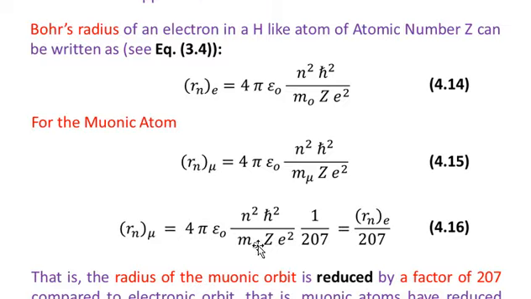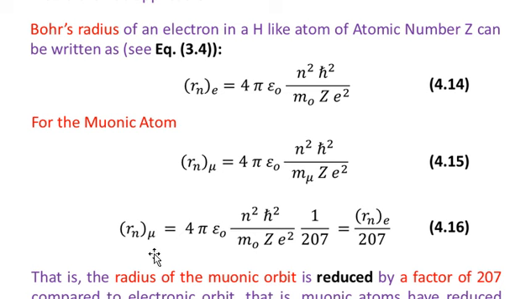So I can introduce equation 14 in equation 16, and I can write that the radius of the nth orbit of the muonic atom is equal to the radius of the nth electronic orbit of the hydrogen-like atom divided by 207.